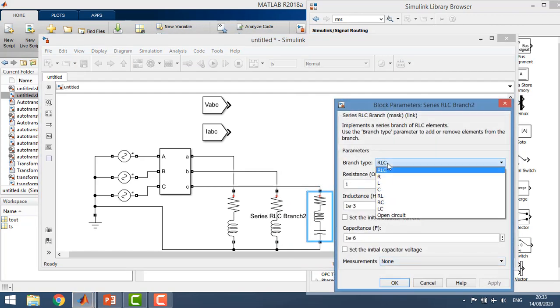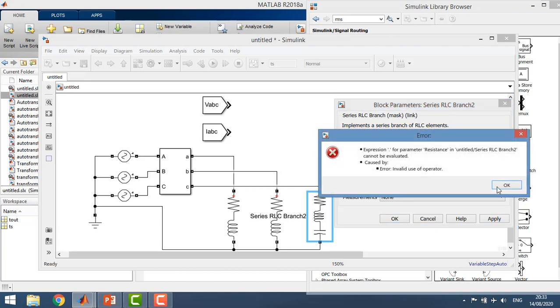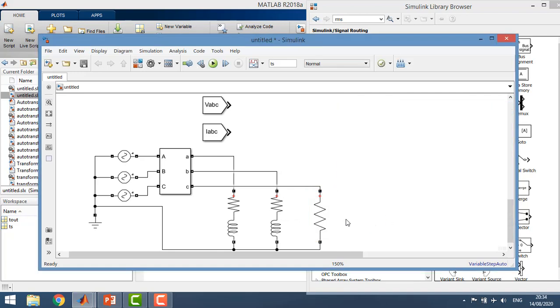So with phase C we have only a resistance. Brilliant.